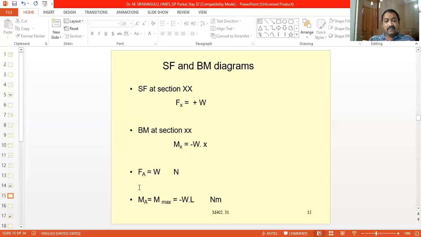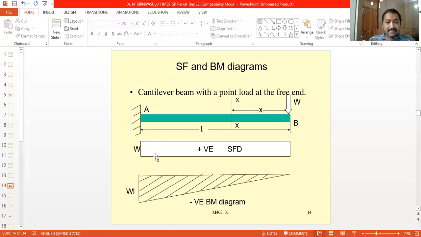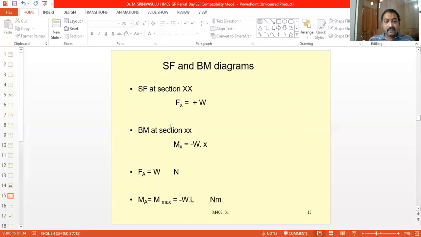So the shear force at point A is also equal to W. Point B we will consider later on. So the shear force at point A, Fa, is equal to W newtons.